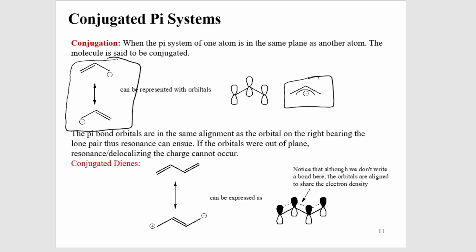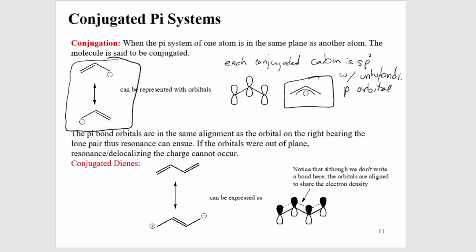Orbitally, each and every one of those carbons is sp2 hybridized, right? Each conjugated carbon is sp2 hybridized, and it has an unhybridized p orbital.